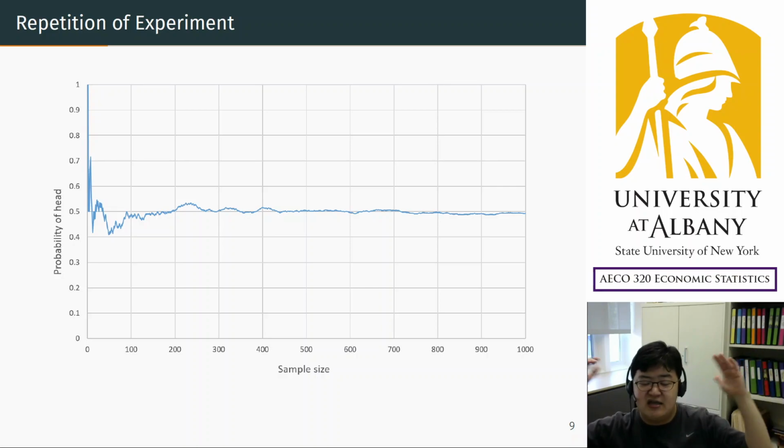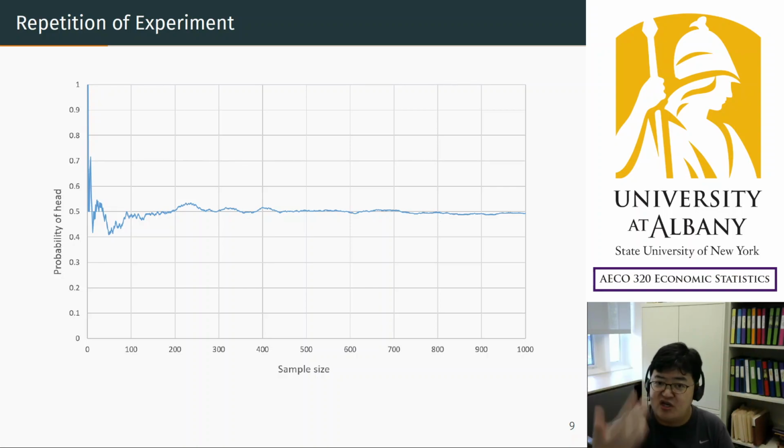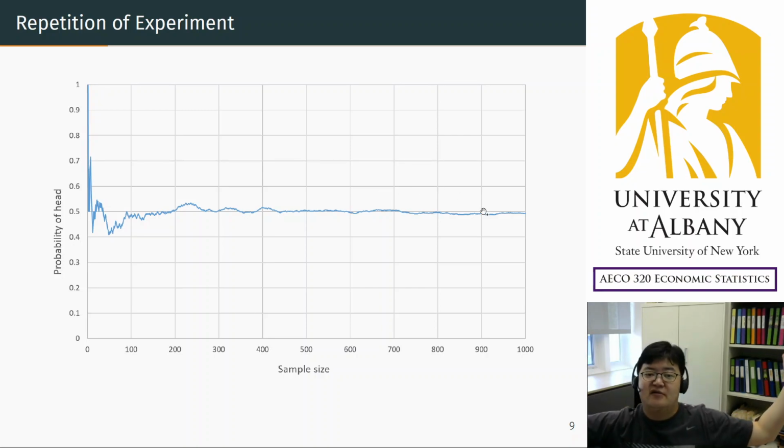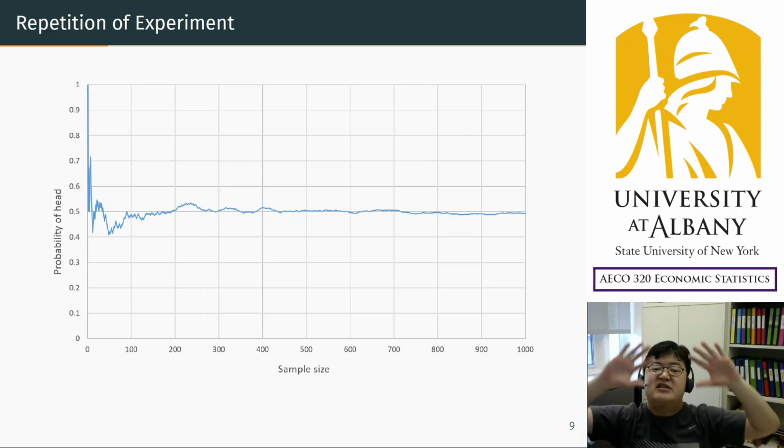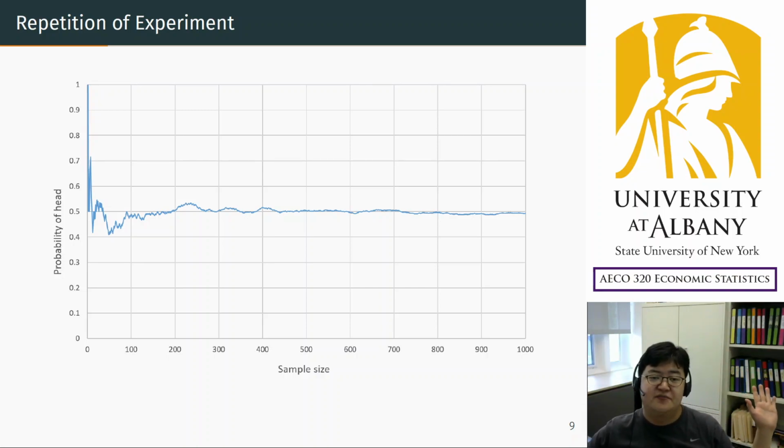The infinity is not approachable. You cannot actually do the experiment that many times, but theoretically we can imagine that. So that is the population, the world of ideas, the ideal experiment of infinite times.